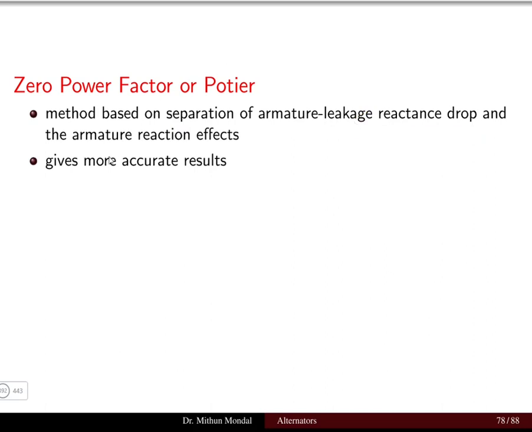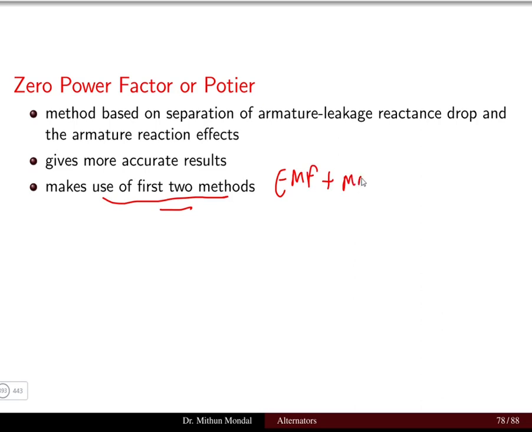So it is basically giving more accurate results. Compared to the EMF method and the MMF method, our zero power factor method will give you the accurate result. It makes use of the first two methods. It is basically a combination of the EMF method plus the MMF method to find the voltage regulation of the machine.